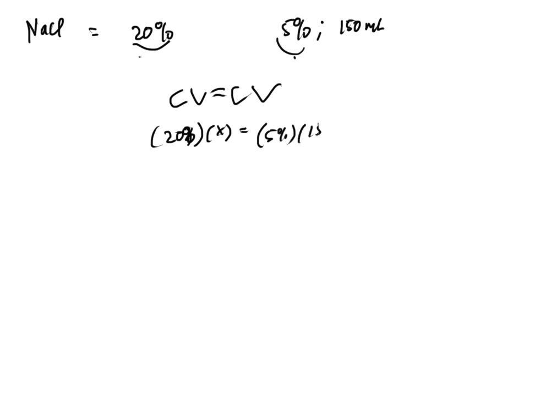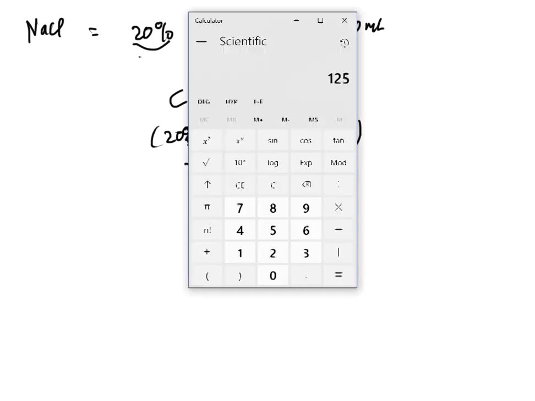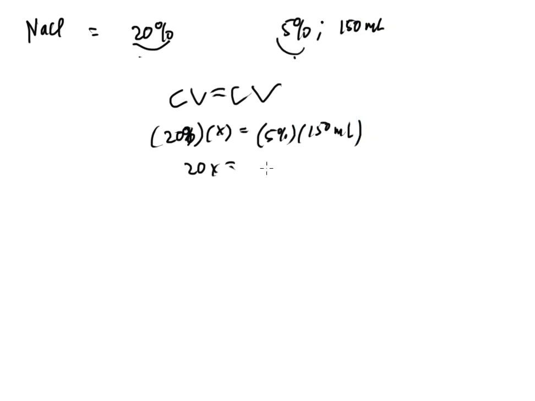And the volume is 150 milliliters. All right, so I'm going to take 20 times X, which is 20X. And then I'm going to take 150 times 5, right? So 150 times 5 is 750. Notice I dropped the percentage. I don't need to do anything with the percentage.